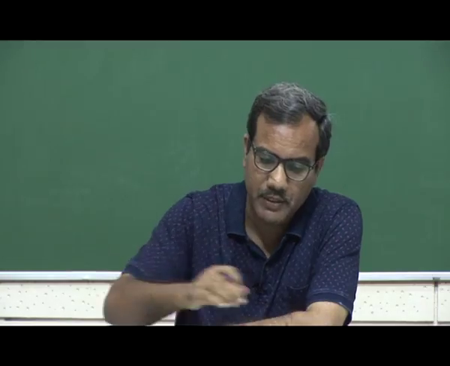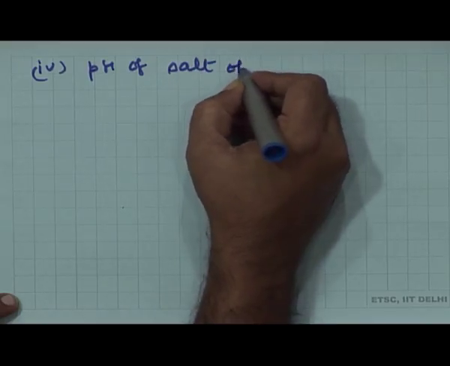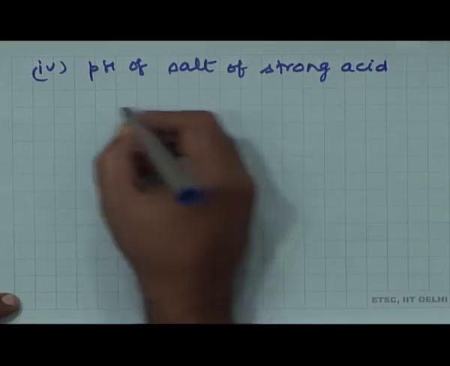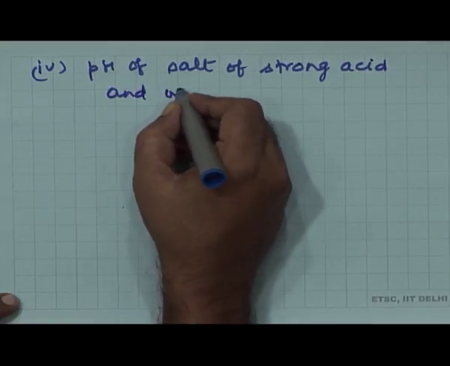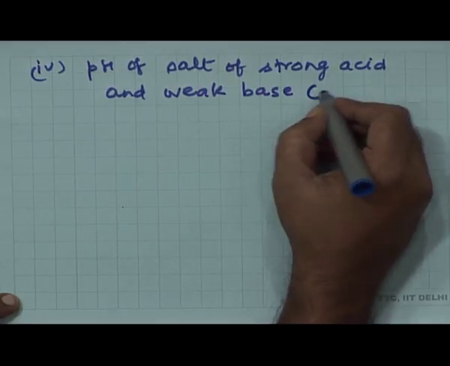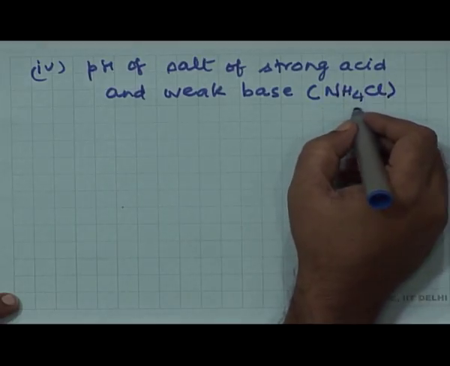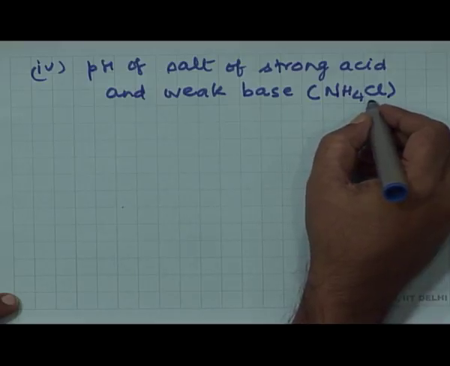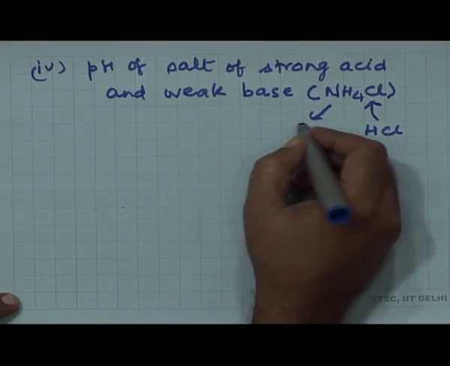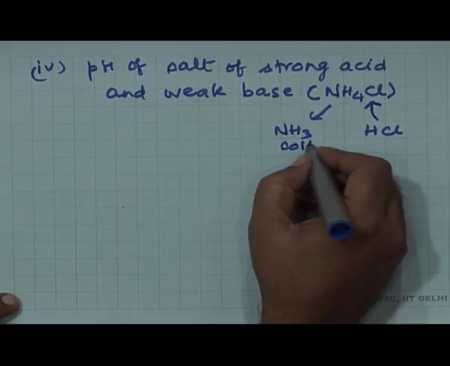Similarly, we can calculate pH of salt of a strong acid and weak base. For example, NH4Cl, this salt is a salt of a strong acid HCl and weak base ammonia solution.